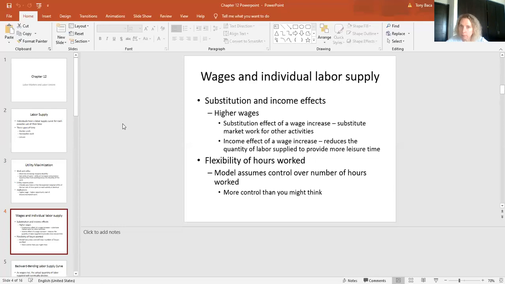You pay people to do the non-market work for you, likely, and then you might get less time off, less leisure, right? Because you're earning that high wage and that motivates you.